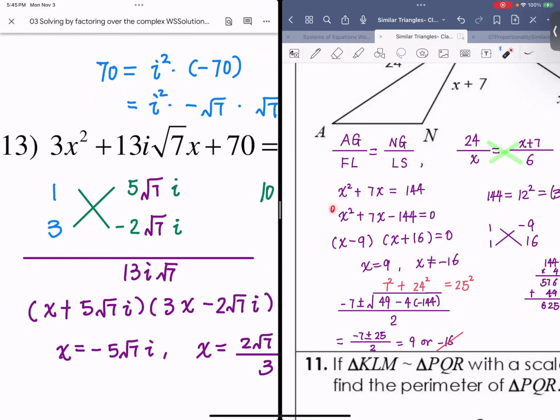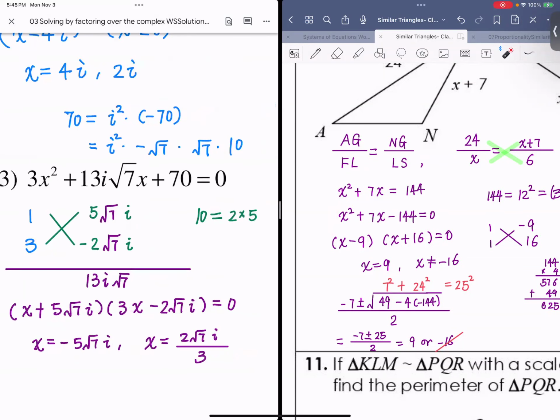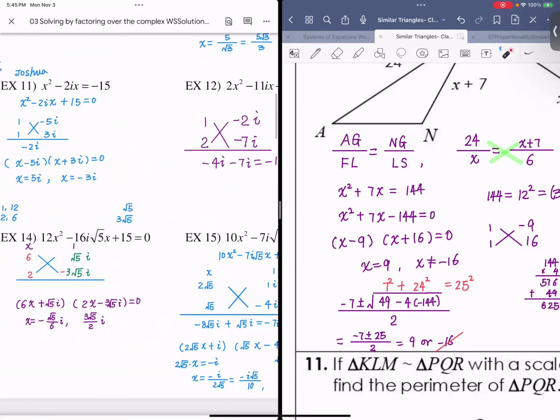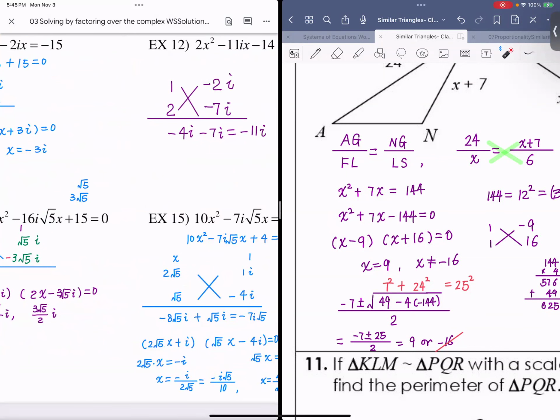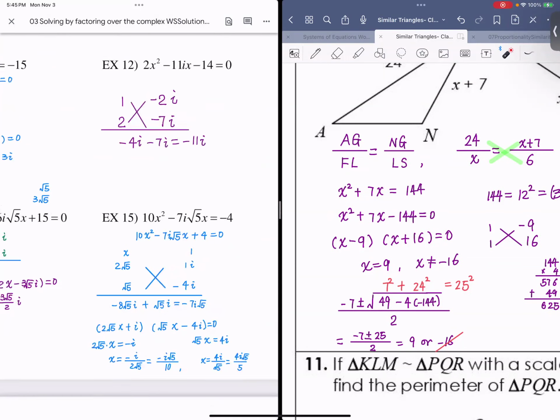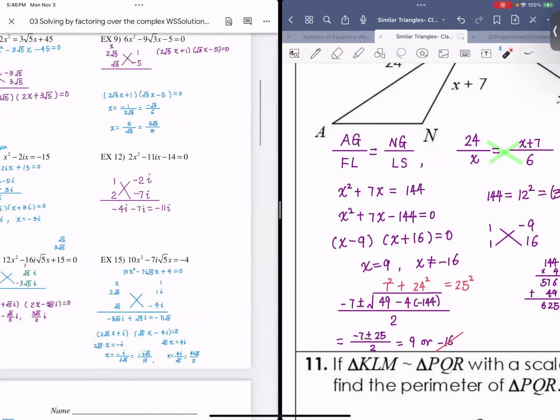And the leading term coefficient cannot be so easy. It's going to be not just 1, it could be 3, it could be 12, it could be 10. The leading term is not a simple one, and all the other terms have imaginary number I and radicals. Not only for that, but also for completing the square.